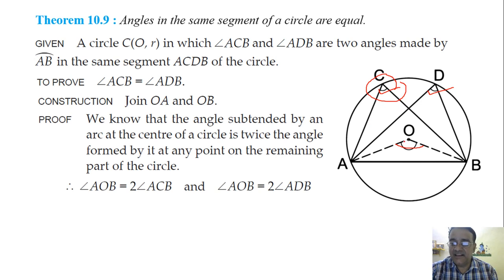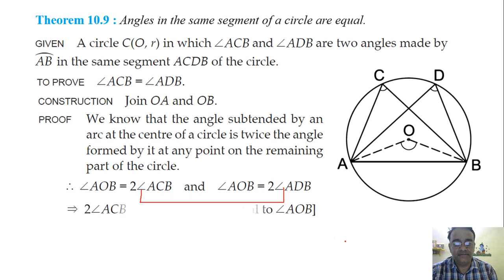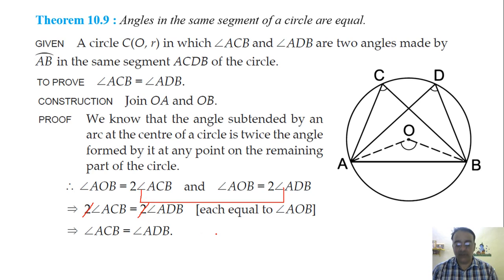Similarly, angle AOB is 2 times angle ADB. Is this clear? Yes, sir. So therefore these two are equal. And if we cancel the 2, we get angle ACB is equal to angle ADB. Any doubt? No, sir. Okay.